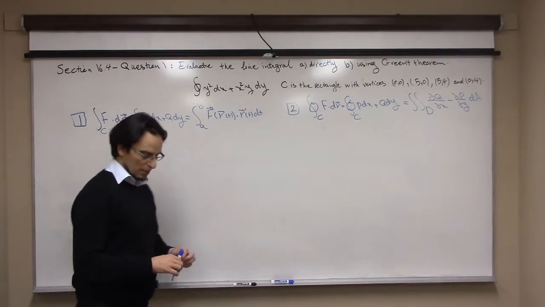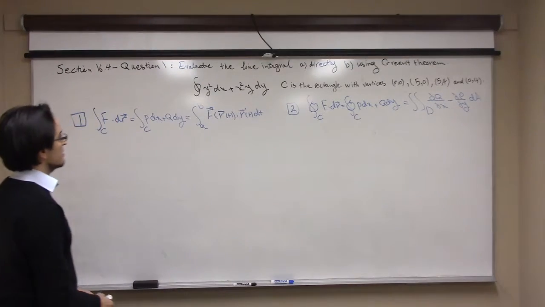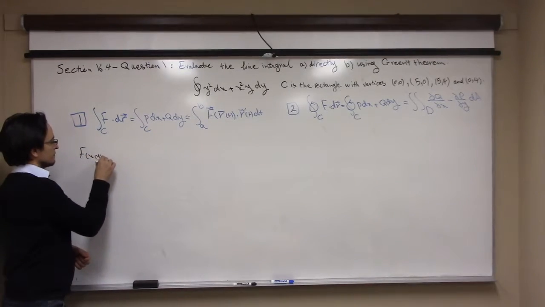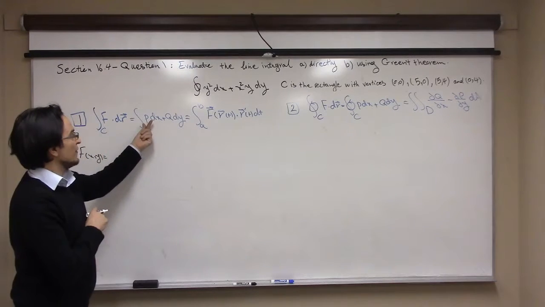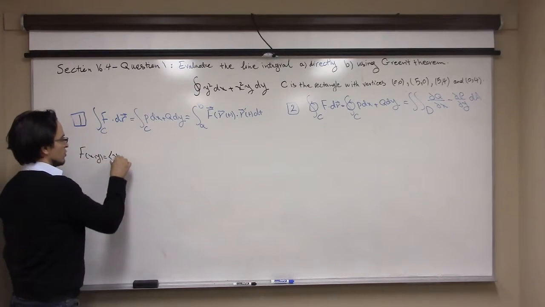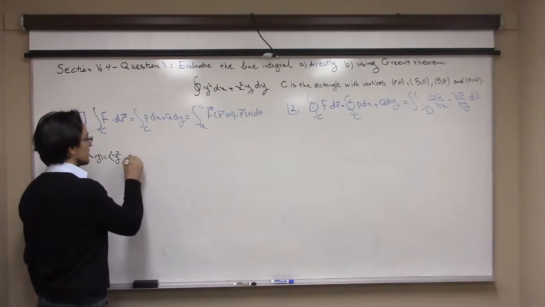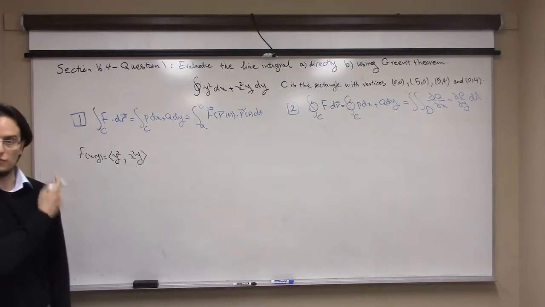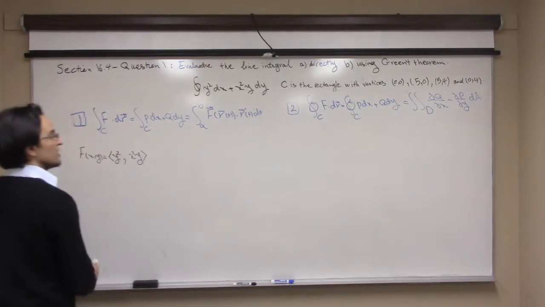Now, let's see what the vector field and curve are for us in this question. The vector field: the coefficient for dx is the first component, and it is y squared. And the coefficient for dy is the second component. That's my vector field. And what about the curve? The curve is that rectangle.